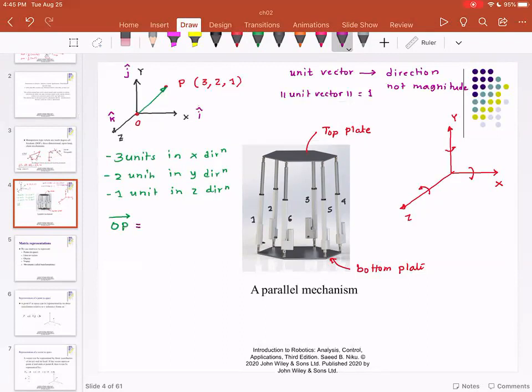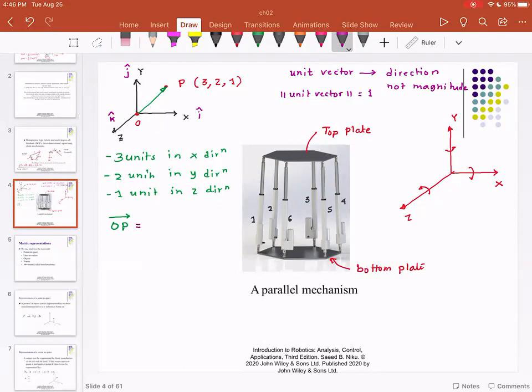If I travel 1 unit in x direction, that simply means 1i. If I travel 2 units in y direction, that simply means 2j. If I travel 3 units in z direction, that means 3k.